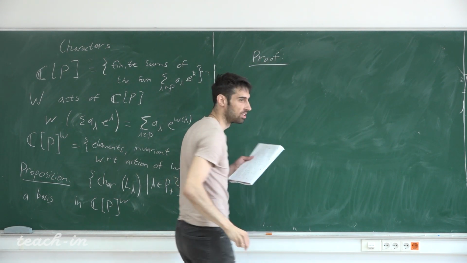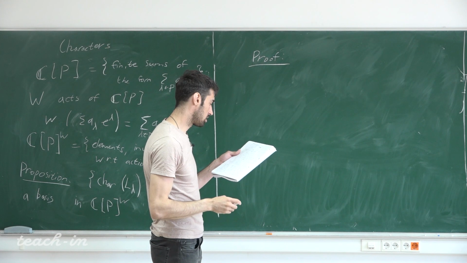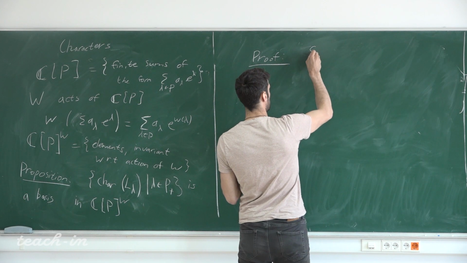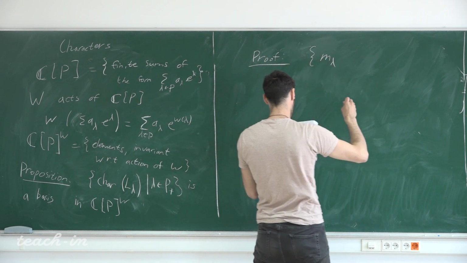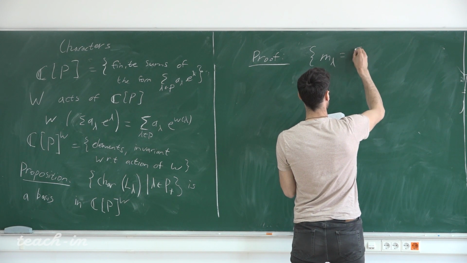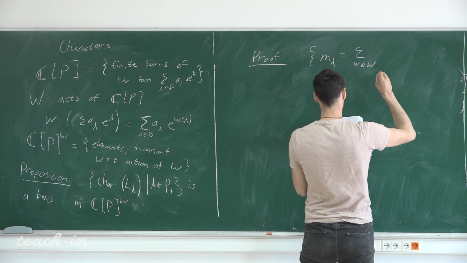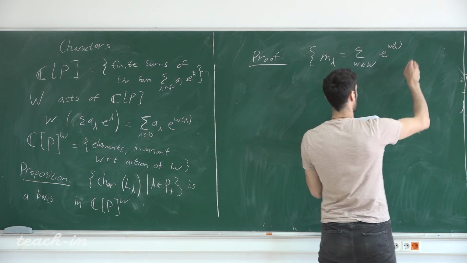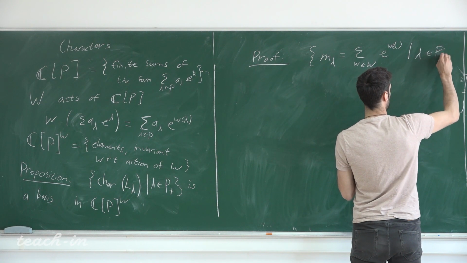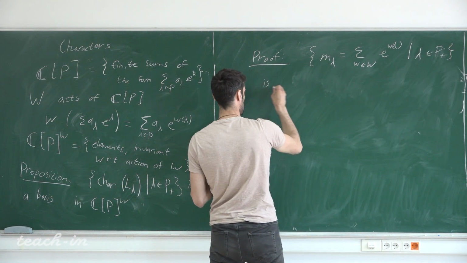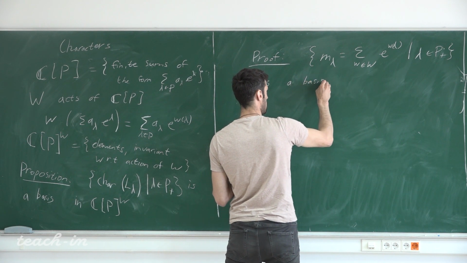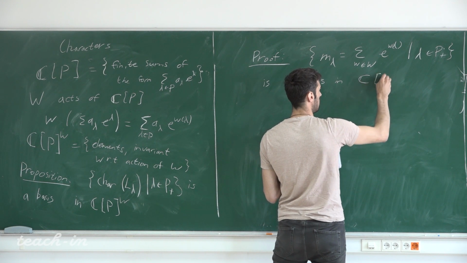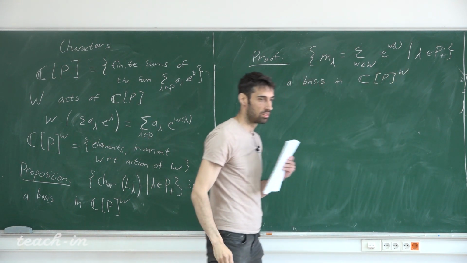We can take some obvious basis, which is sometimes in the literature called orbit functions. Let's denote them as m lambda. So m lambda is the sum over elements w of the Weyl group of e to the w lambda, for lambda in P plus. So this is obviously a basis in C of P W, right?